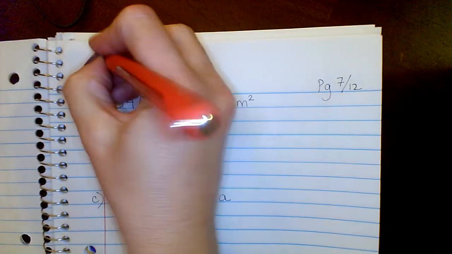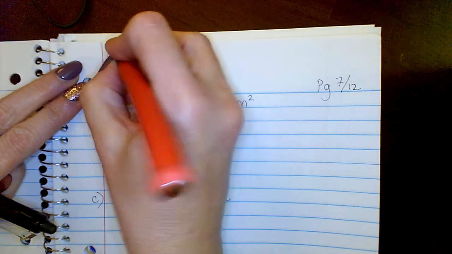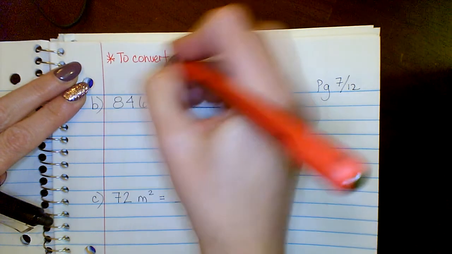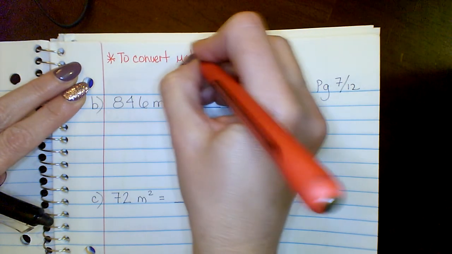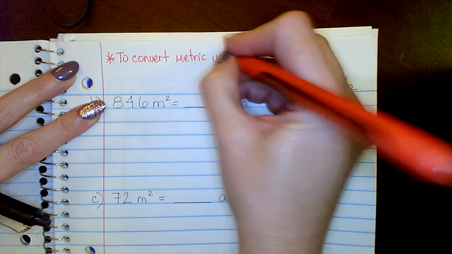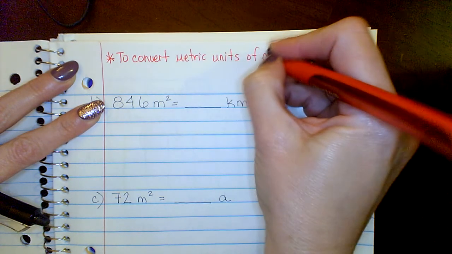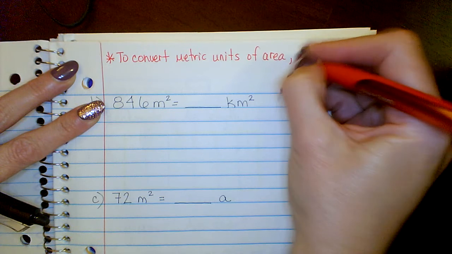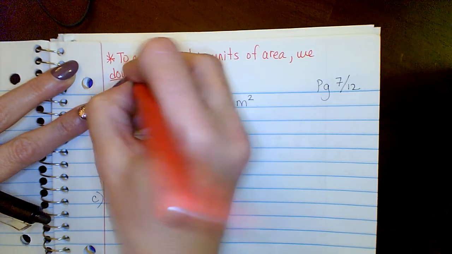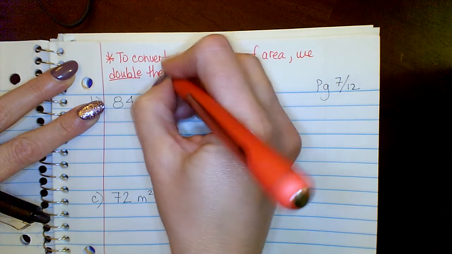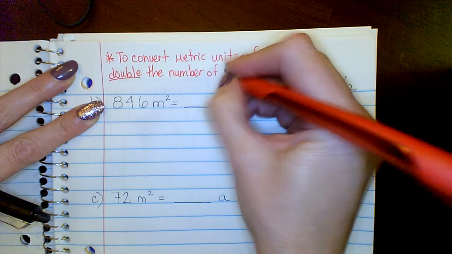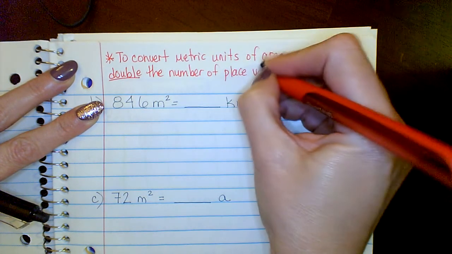So to convert metric units of area, we double the number of place values moved on the stair steps.